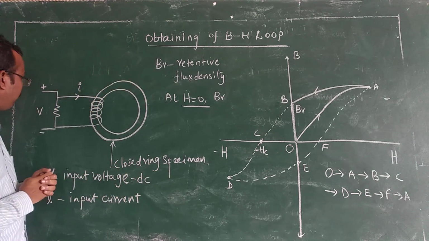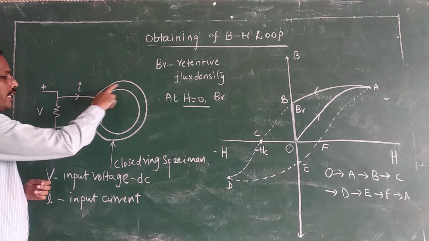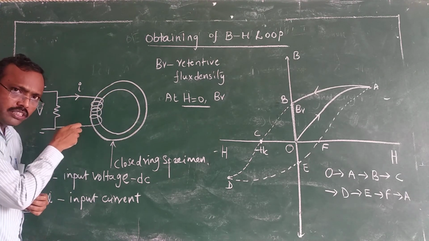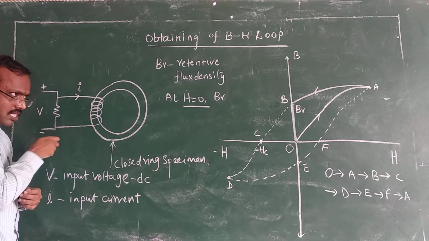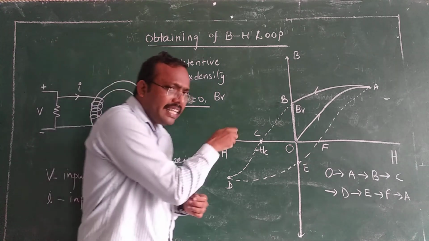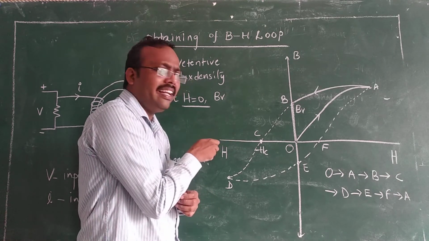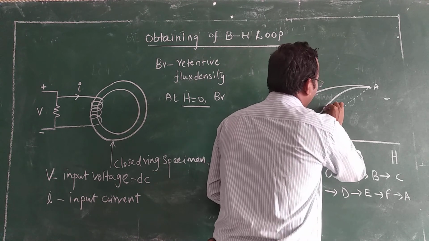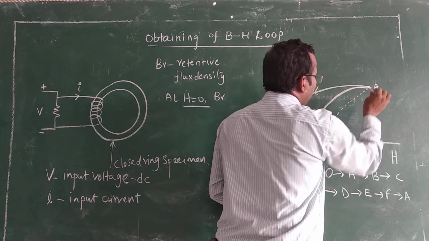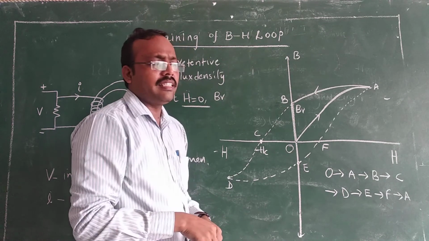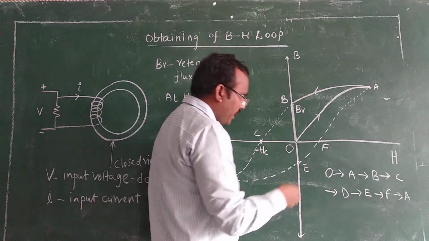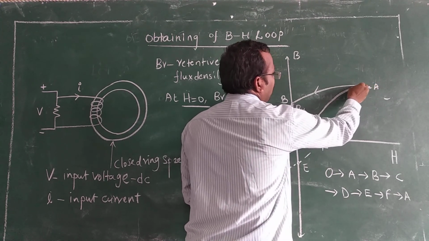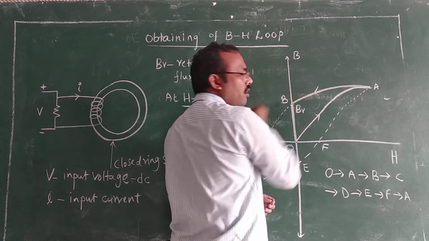Once again, this is a closed ring of specimen. In the specimen we pass electric current. Initially we increase the current linearly, the flux density increases, reaches the saturating value, and then we decrease the current back to 0. It follows this line, and this point is called Br.